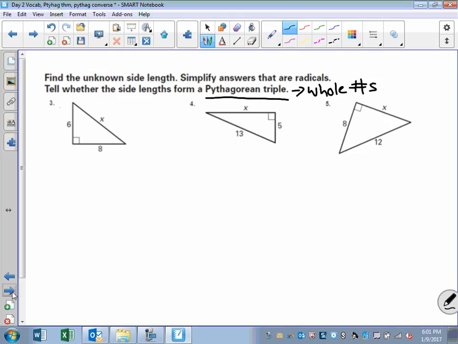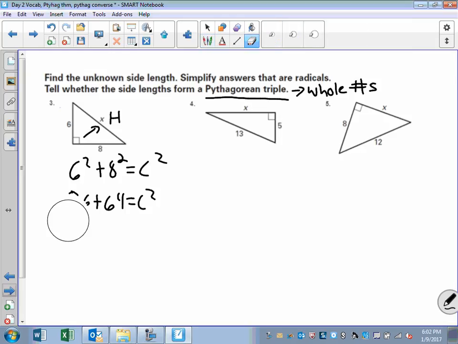Okay. So here, we're trying to find our hypotenuse. So we're going to be adding. So we got 6 squared plus 8 squared equals c squared. 36 plus 64 equals c squared.